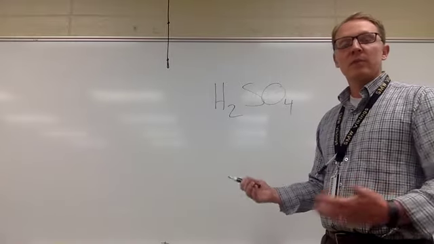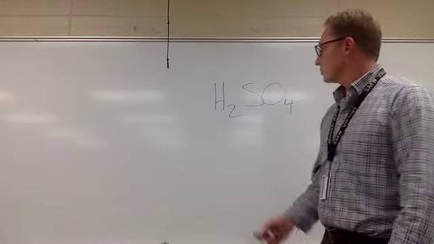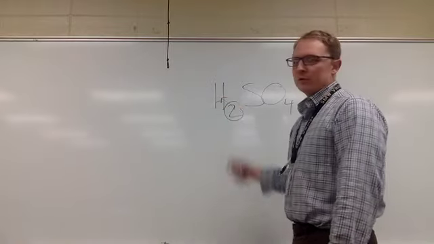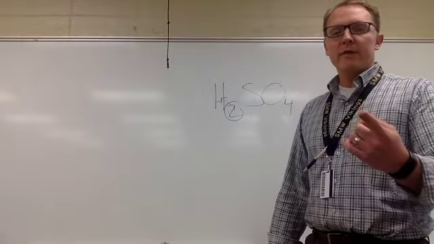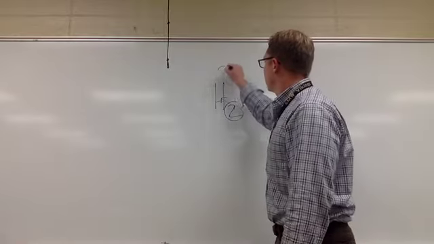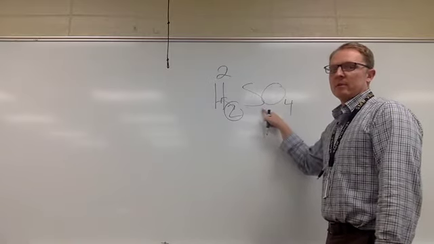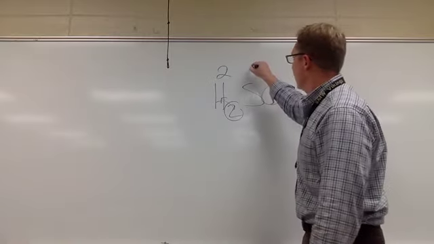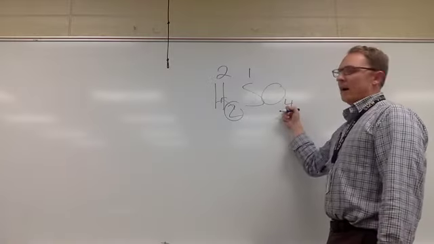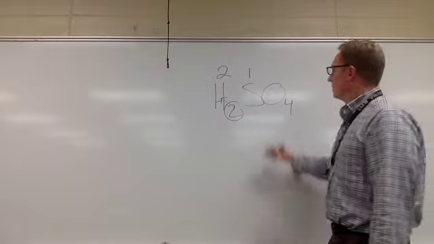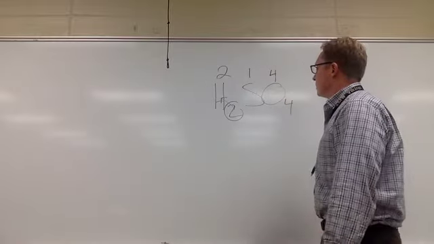But now these subscripts throw in a new little curve, a new little trick. This 2 only applies to the hydrogen. So instead of having 1 hydrogen, we have 2 there. Sulfur here doesn't have any little number next to it. Remember, if you don't see a little number, then it's automatically a 1. And oxygen has the 4 next to it, and it belongs only to the oxygen, and so we have 4 oxygen atoms.